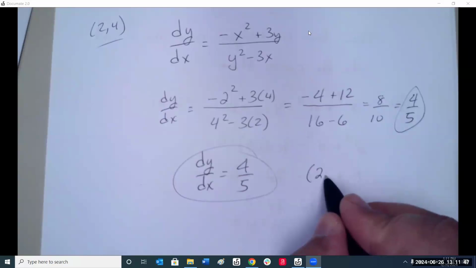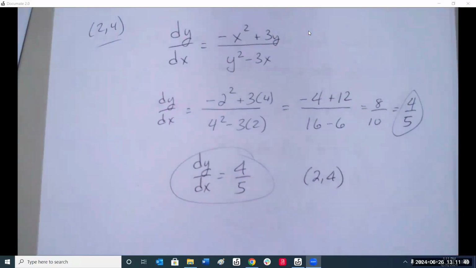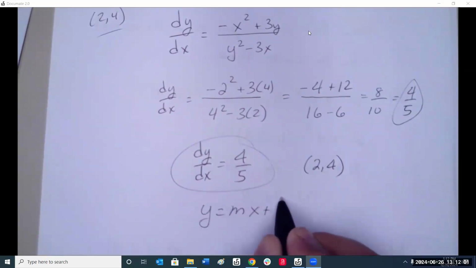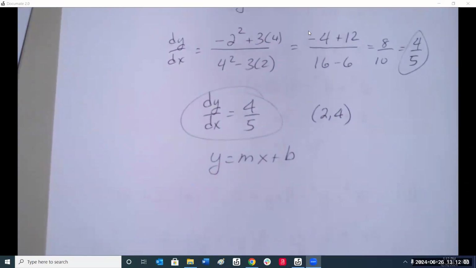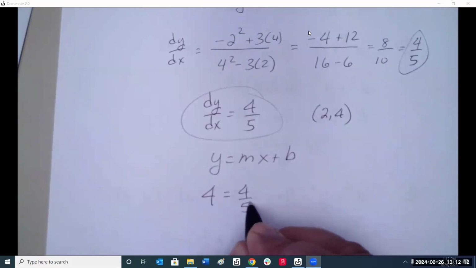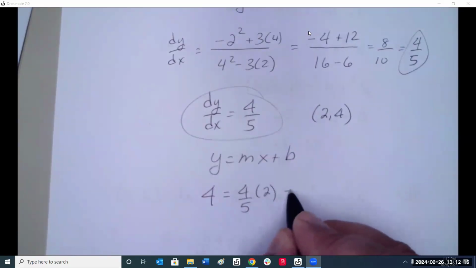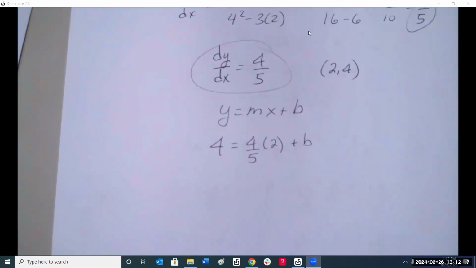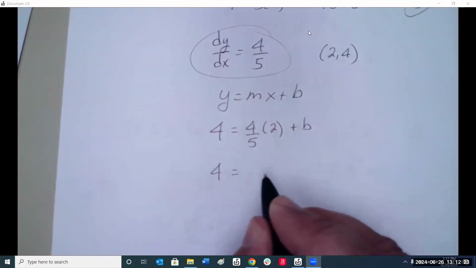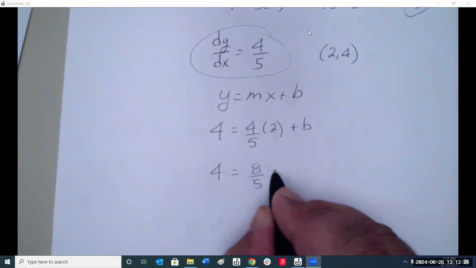So we have a slope and we have a point. We're looking for the equation of a line tangent to it. So plug everything in there. Y is 4. The slope is 4/5. X is 2. We just don't know the y-intercept. 8 over 5 plus b.